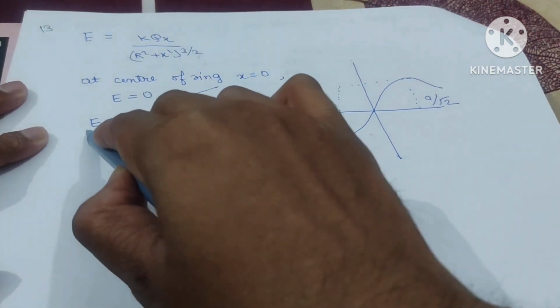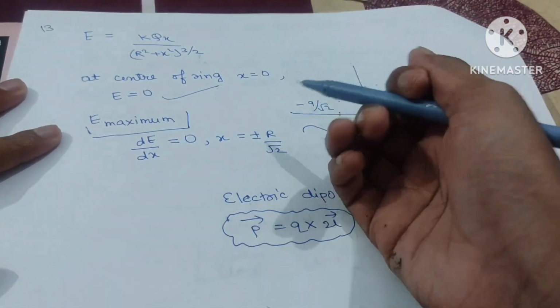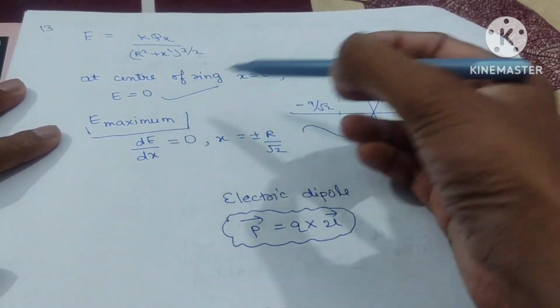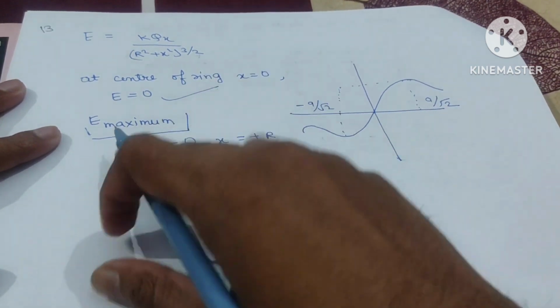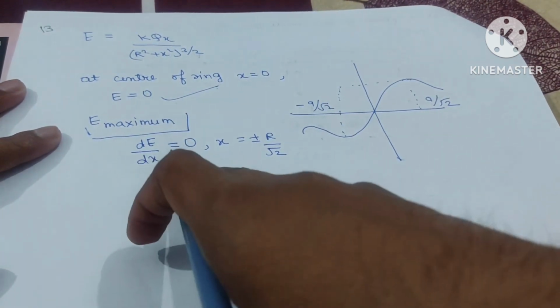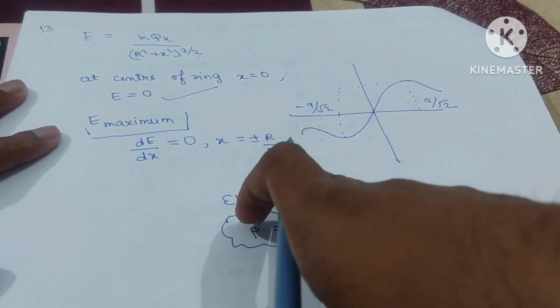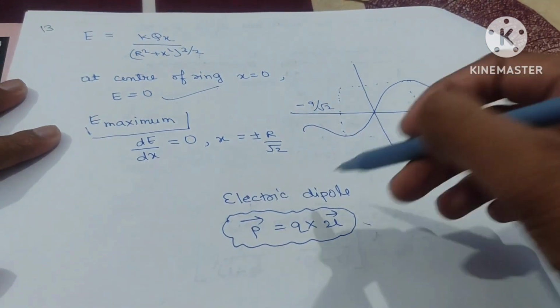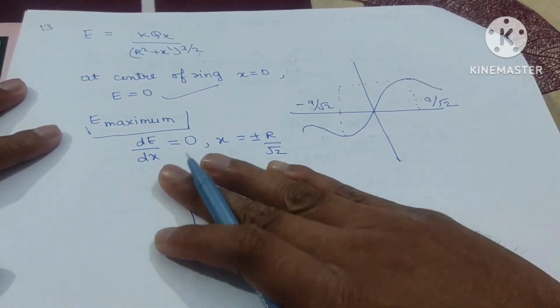But if we take the electric field maximum, what is the maxima of E? We have to differentiate the equation, and dE by dx will be equal to 0, and x is equal to plus minus R by root 2. We know the electric dipole, but there is no role of electric dipole here, so you have to neglect this part.